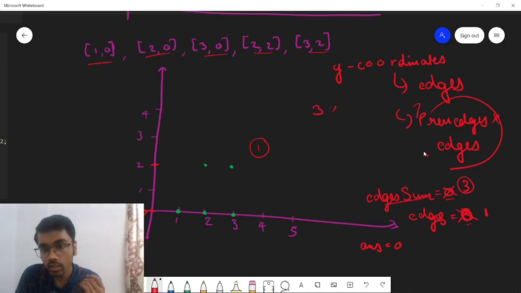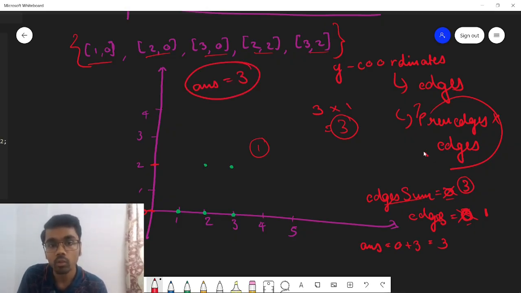So 3 multiplied by 1 will give the total number of horizontal trapezoids we can make with these edges. So we add it to our answer: 0 plus 3, and the answer is 3. Since there aren't any other coordinates, we'll stop here. So in total we can form 3 horizontal trapezoids.